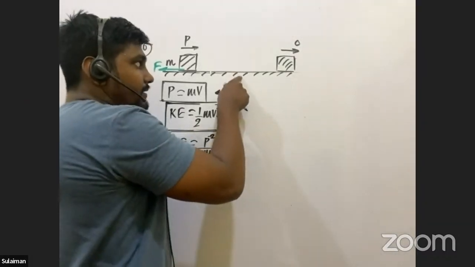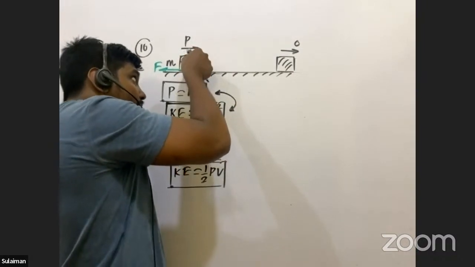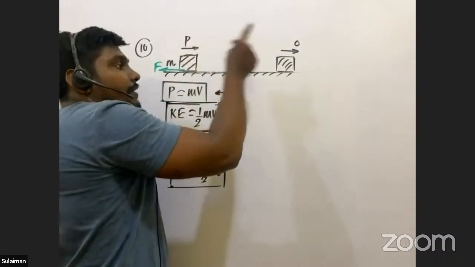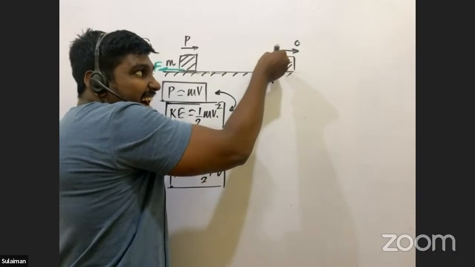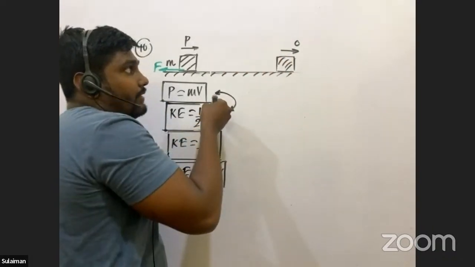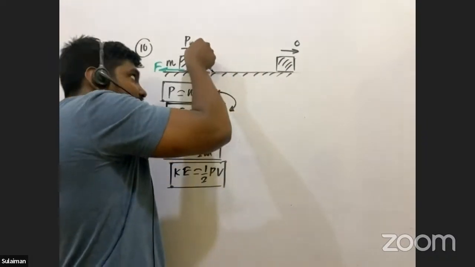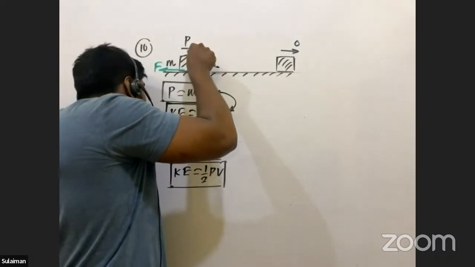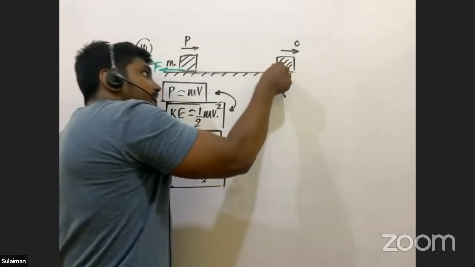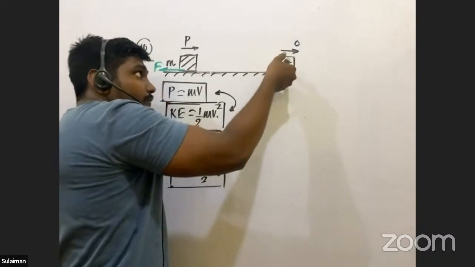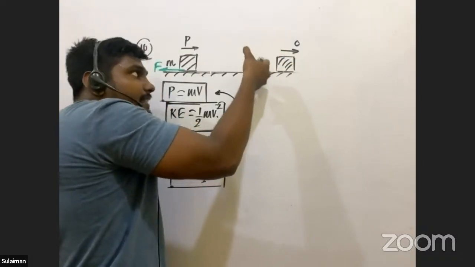Then basically what happened? Initially, this object had a kinetic energy. Finally, that kinetic energy is zero. Let's say initially this object had 500 joules of kinetic energy. Finally, the kinetic energy of the object is 0. Then what happened to that 500 joules?